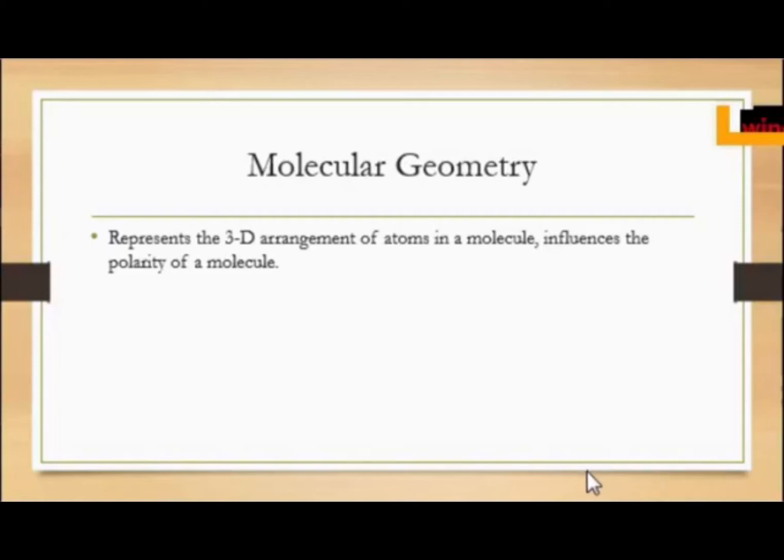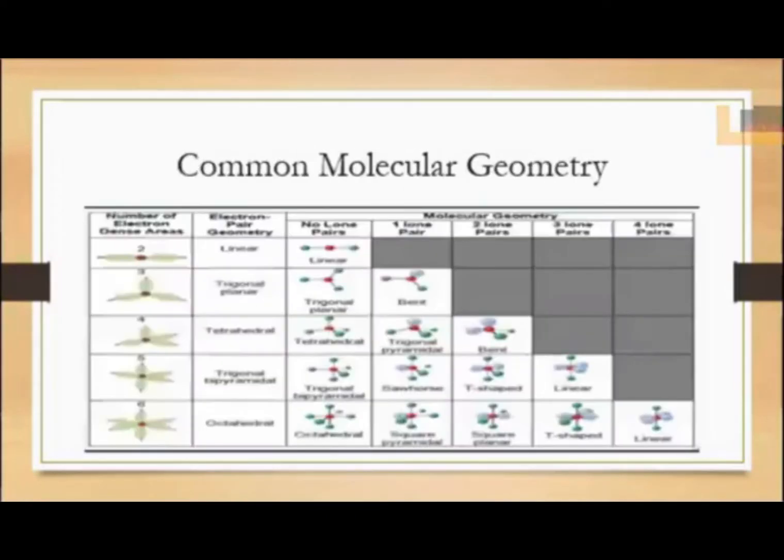So what defines the polarity of a molecule? Let's look at the next slide for the common molecular geometries. We have here the linear, trigonal planar, tetrahedral, trigonal bipyramidal, and octahedral, with corresponding lone pairs and number of electron dense areas. You can see it here in the picture.